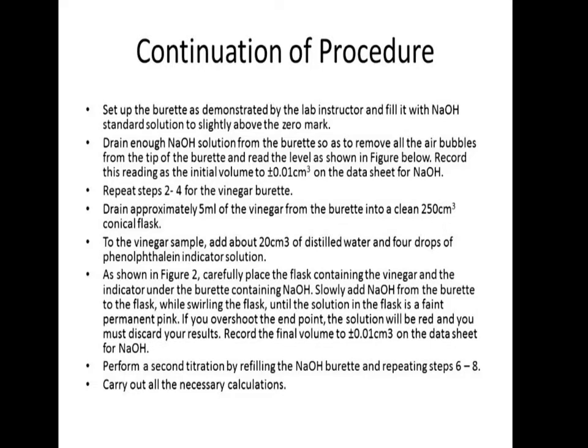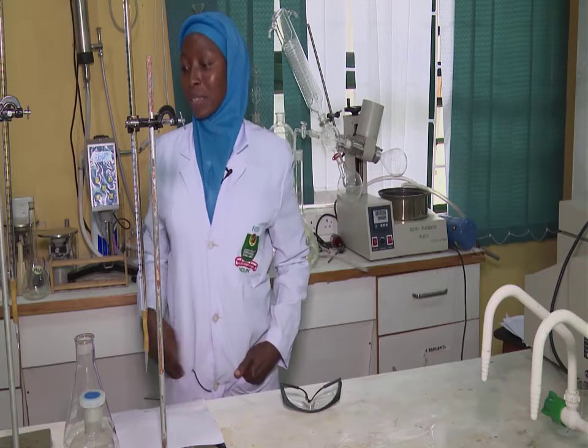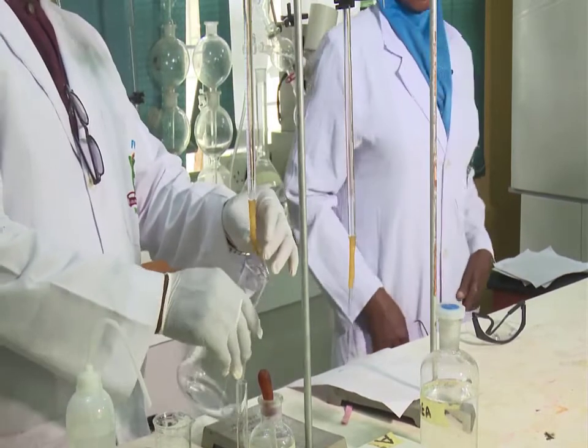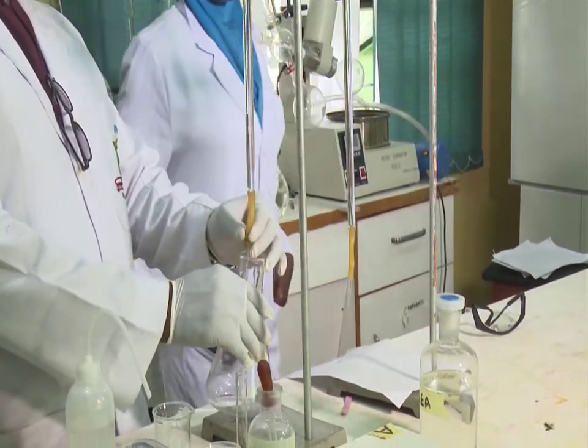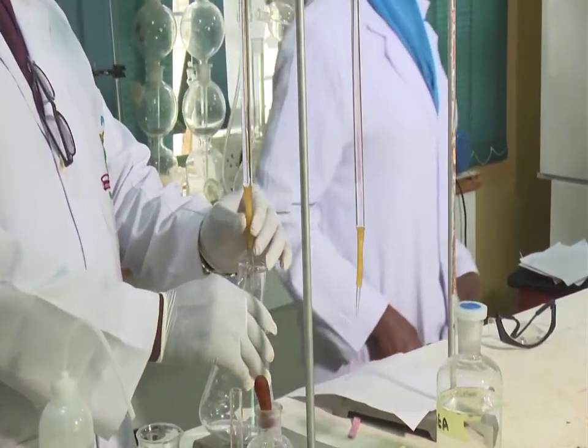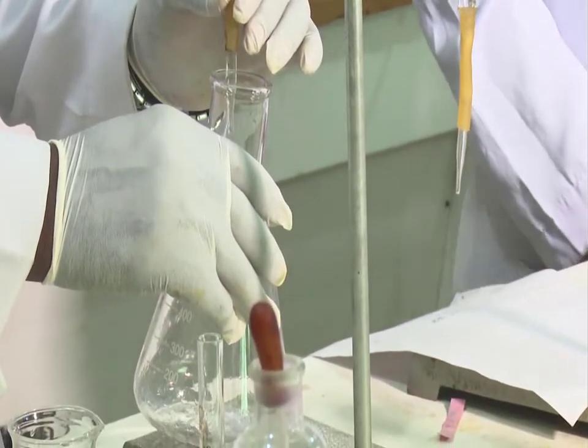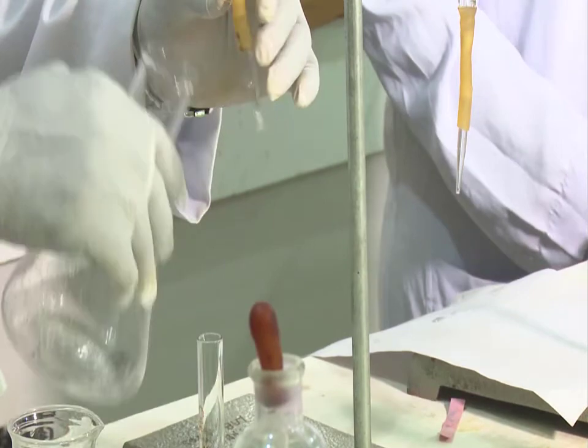Now the next thing is you have to drain approximately 5 ml of the vinegar from the burette into a clean 250 centimeter cube conical flask. Drain 5 ml of the vinegar from the burette into your conical flask.